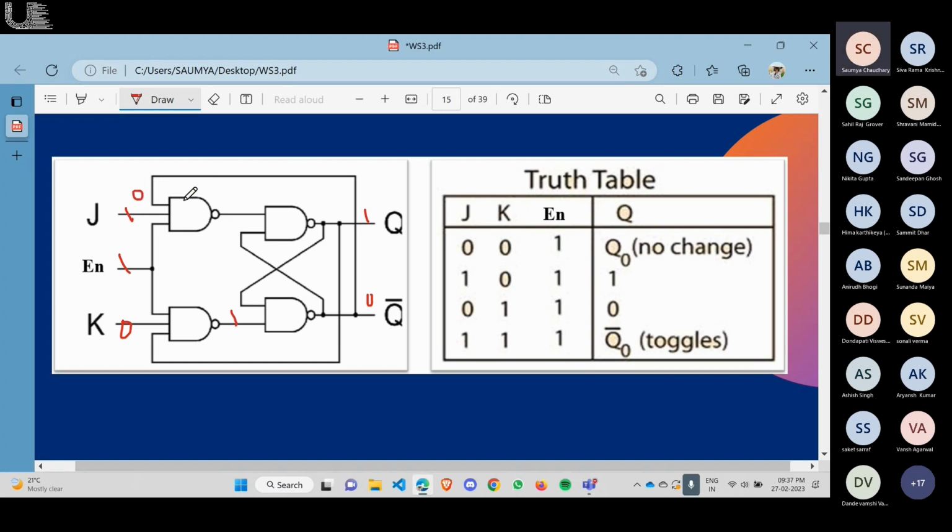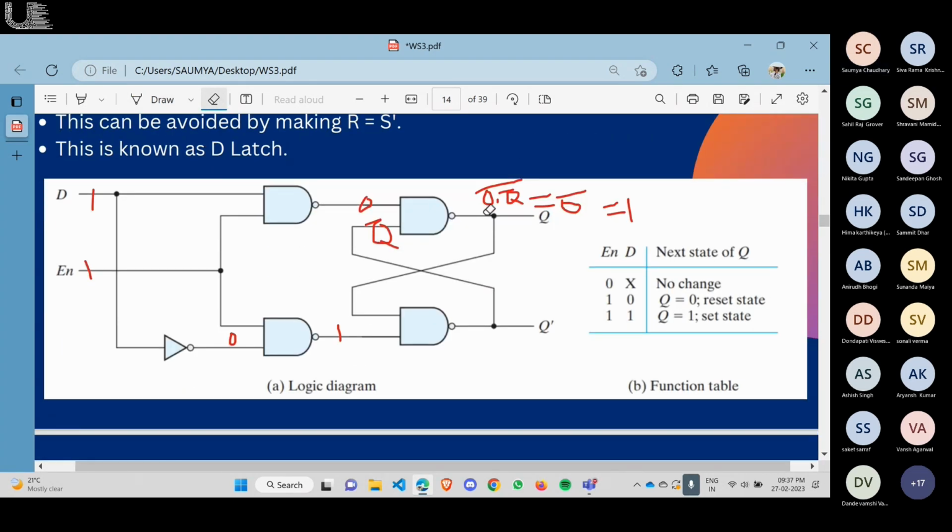So if one of the inputs is 0, we will get 1, and we will get 1 when we have 1 and 0 at the JK. You can see it by solving this way also, as I have solved taking Q and Q bar.